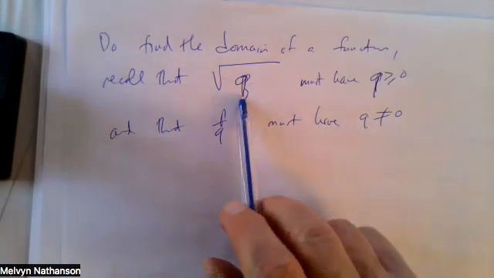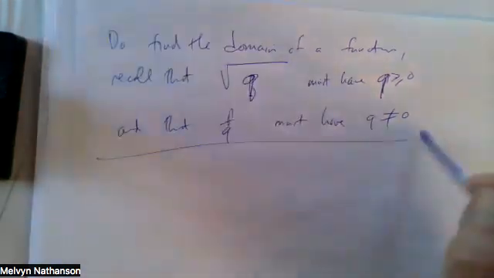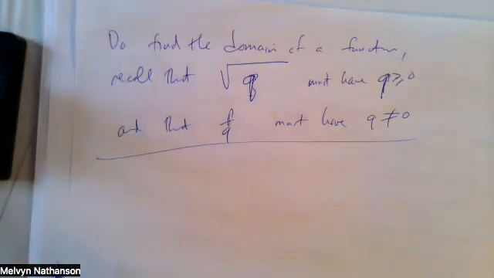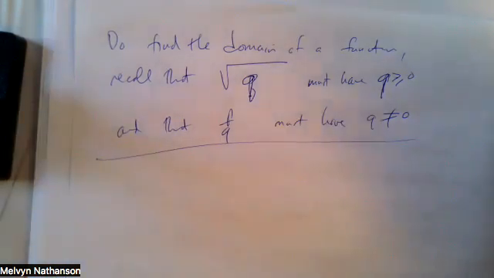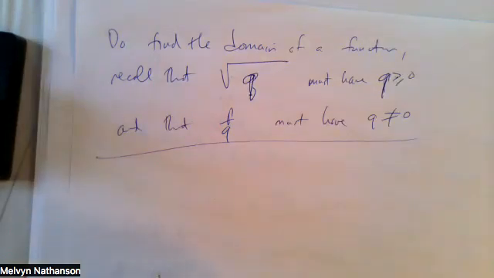So you can't take the square root of a negative number and you can't divide by 0. And looking for square roots and quotients in the definition of a function will usually give you all the constraints that there are on the domain.